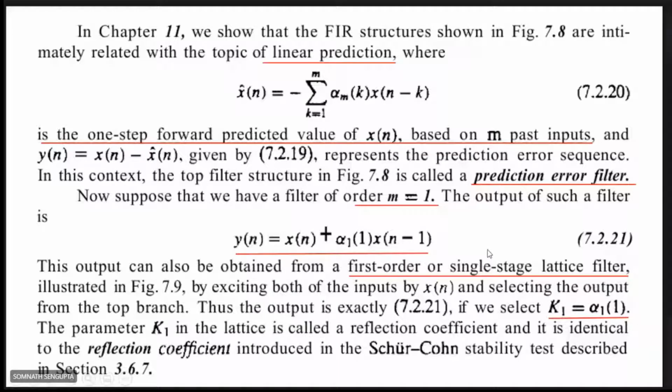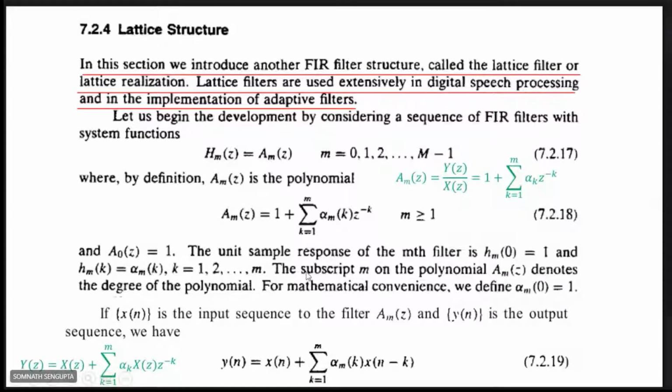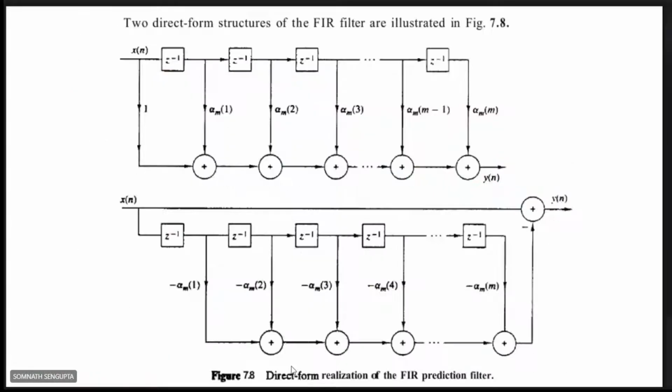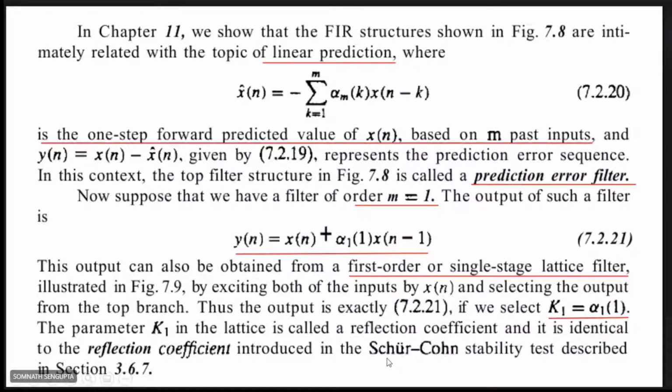In equation 7.2.1, m equal to 1 means y of n is equal to x of n plus alpha 1 into x of n minus 1. This is the output if we consider a single-order, or first-order, filter structure.